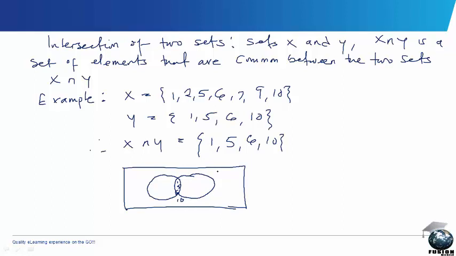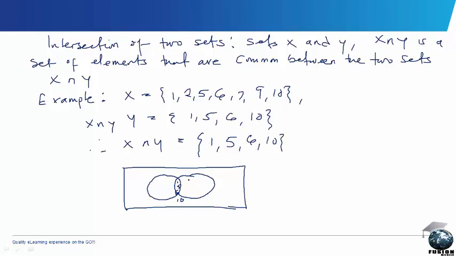Elements that are not in both are denoted as follows.